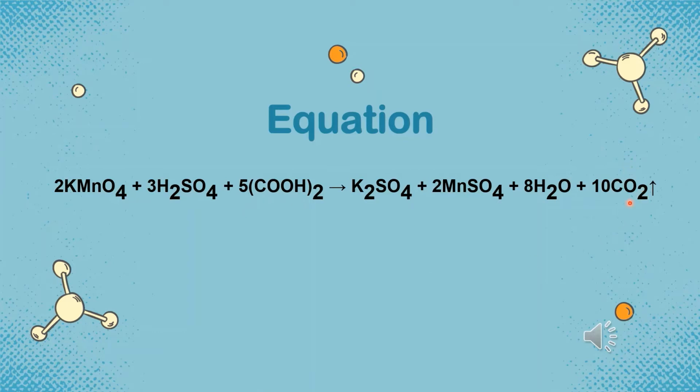So it is oxidized. Now the question arises, what is the role of sulfuric acid here? Sulfuric acid is added to prevent hydrolysis and also to provide surplus H+ ions to keep the reaction going. Furthermore, it also helps to maintain the acidic pH, as oxalic acid is a weak acid and is not able to provide the required acidic medium.